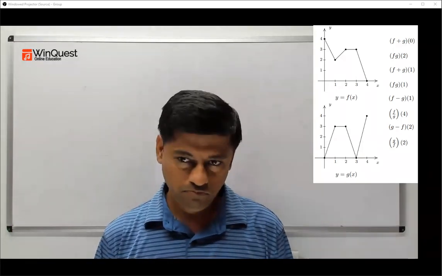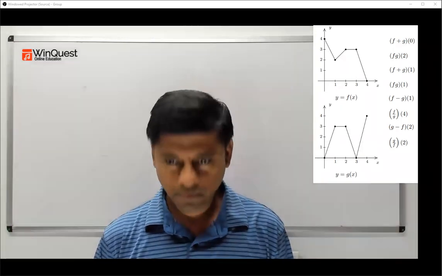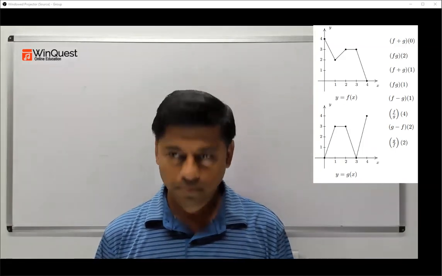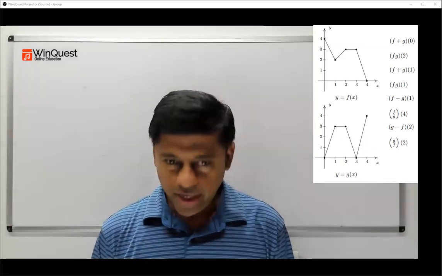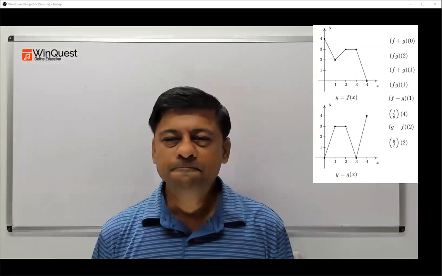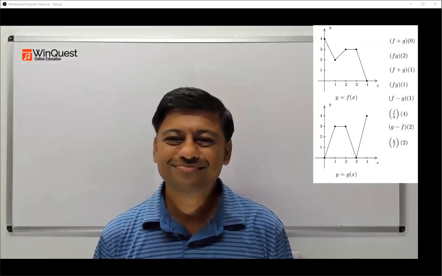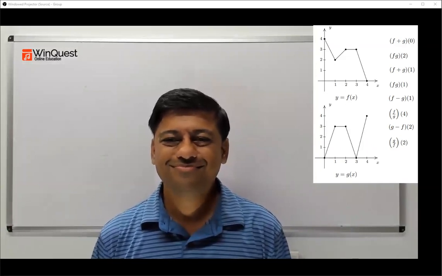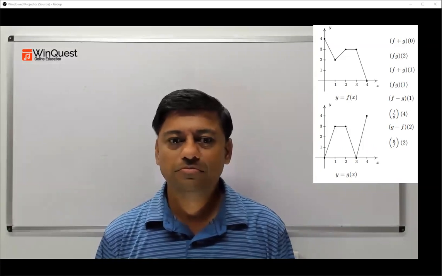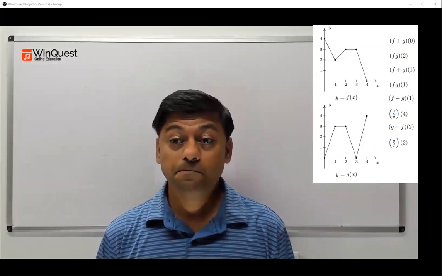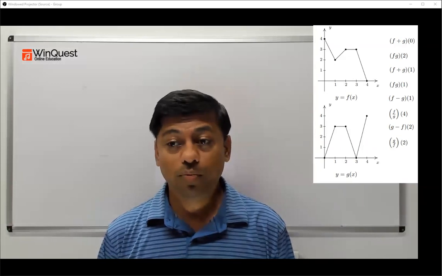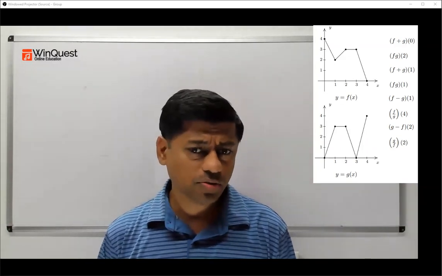So for y equals g of x, at x equals 1 it is 3. And for y equals f of x, at x equals 1 it is 2. So I would multiply them. How many of you got what Aradhana is trying to say?